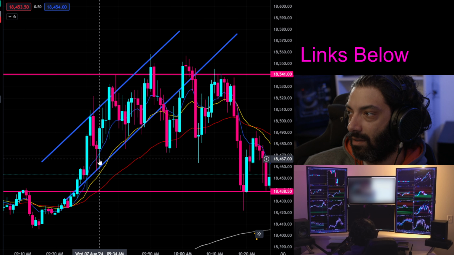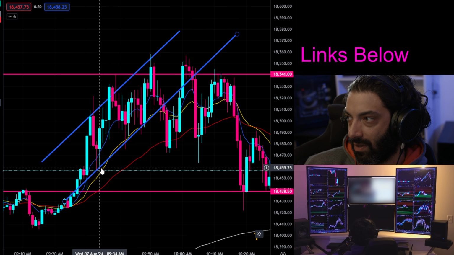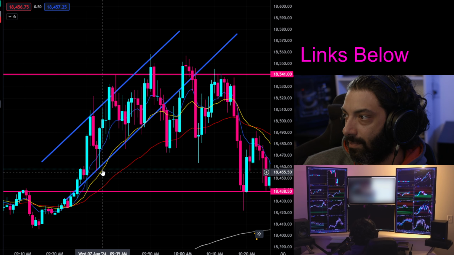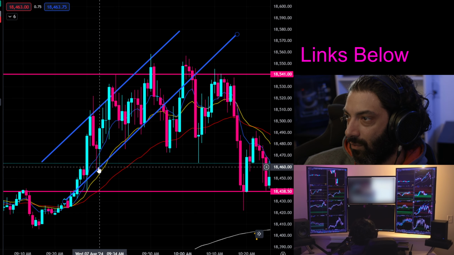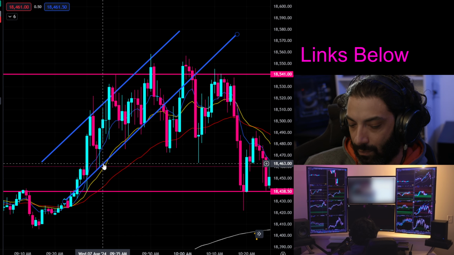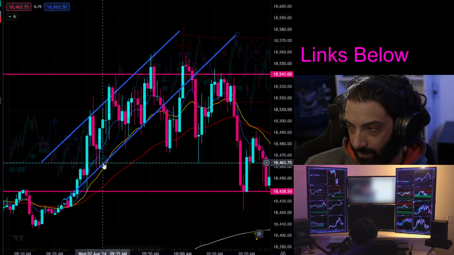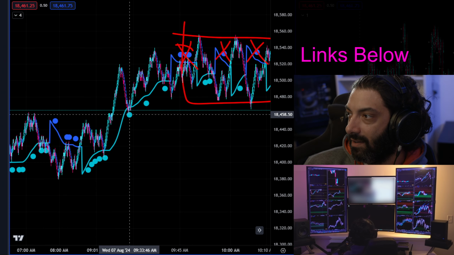The other nice entry would have been that 33 that showed up on QGrid, but I don't like the way it looks on the 1 minute. So I would not have taken that signal, even though that was a winning signal, right? If we go back to the Renko, that trade's a winning trade, right?